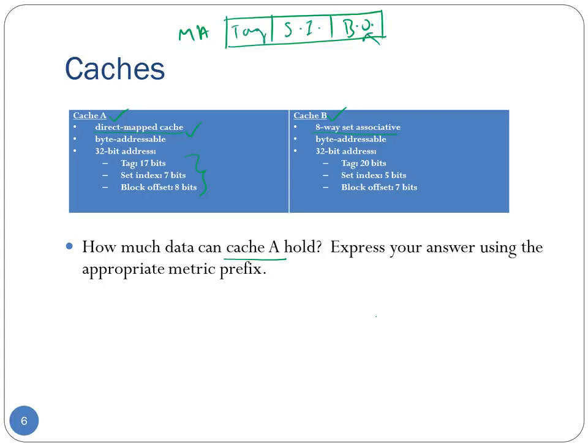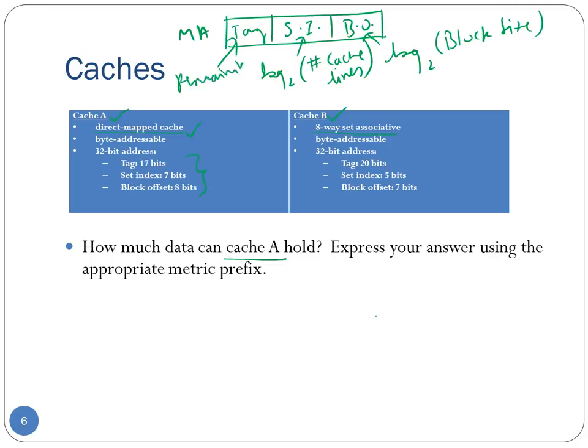In the block offset we had log base 2 of block size, which is also known as the line size, these many bits. The set index had log base 2 of number of cache lines, these many bits, and all the remaining bits go to the tag field.